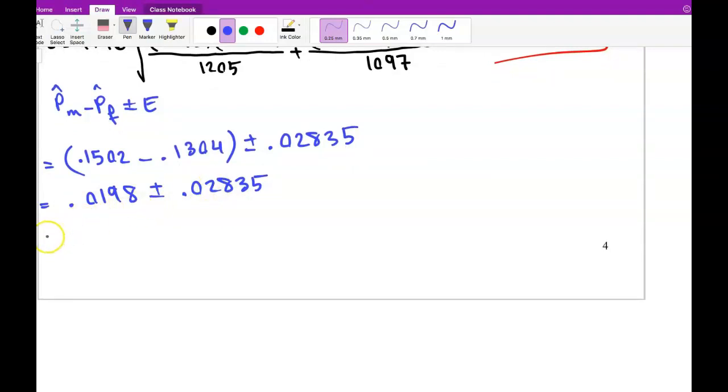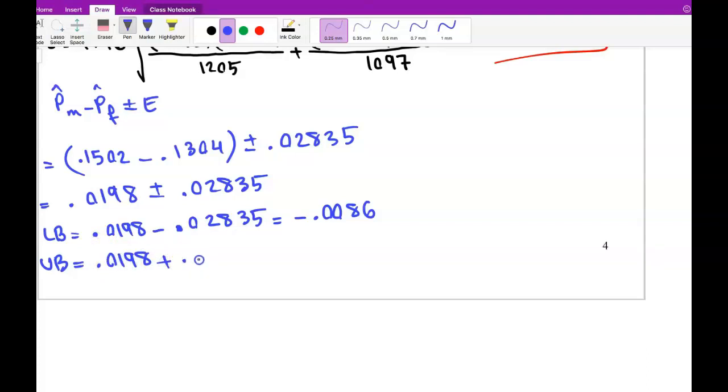Based on these, for the lower one, what I have here is 0.0198 minus 0.02835. That is negative 0.0085. And then upper, adding these two, that is equal to 0.0482.